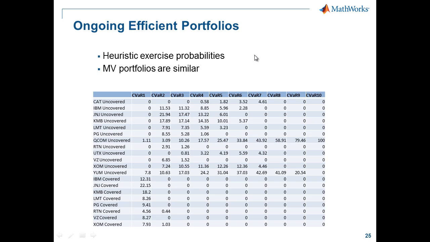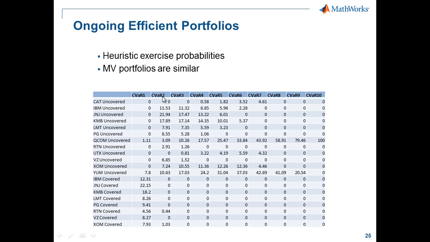If you run the same optimizations on scenarios where you have an ongoing position, and remember in this case the maximum allowable slippage is very low, again using heuristic exercise probabilities, you get fairly similar results for any of these probabilities, and the mean variance portfolios are also very similar.